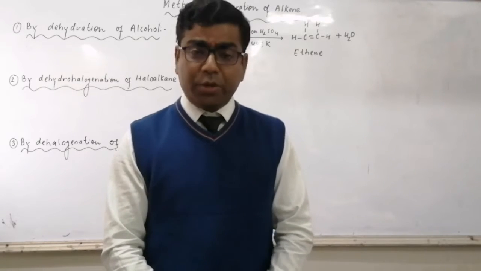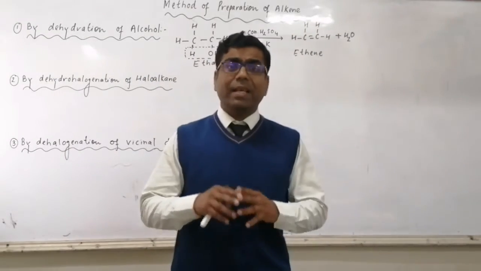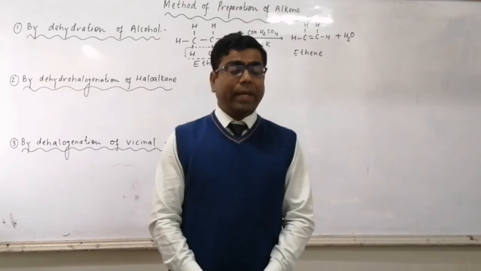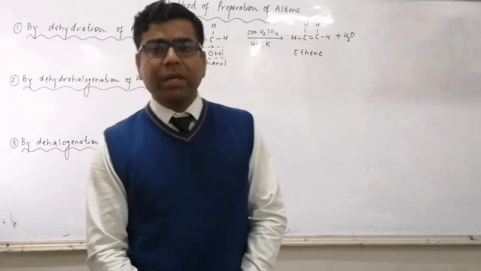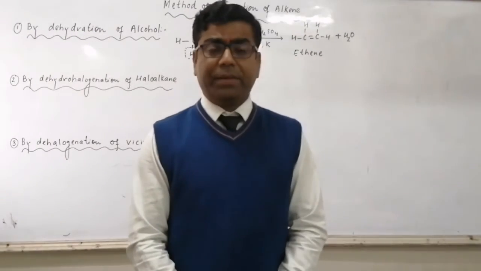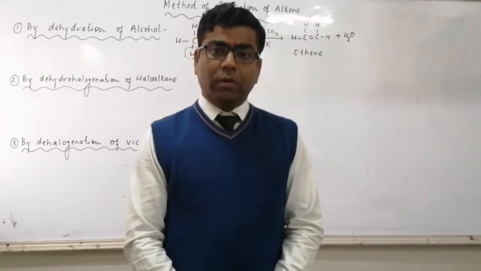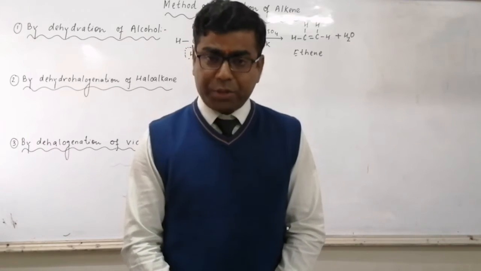Again, a type of elimination reaction in which HX molecule like HCl, HBr or HI is removed. Now, to carry out dehydrohalogenation reaction, we will require dehydrohalogenating reagent. And for this, we will be using alcoholic KOH.